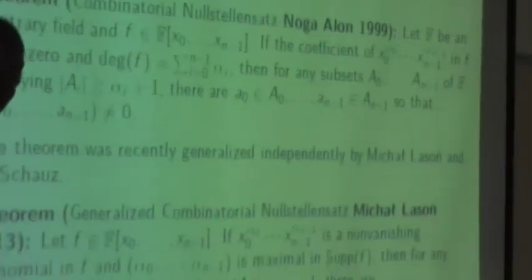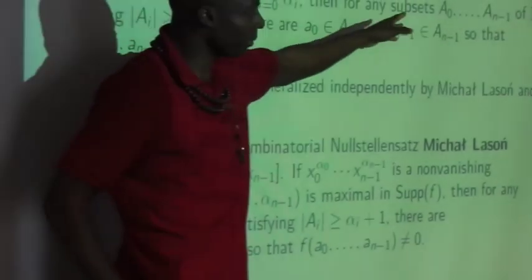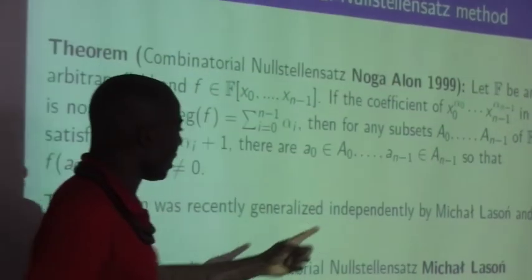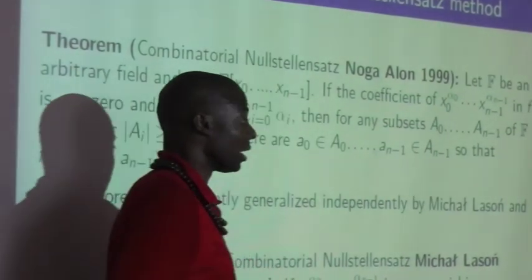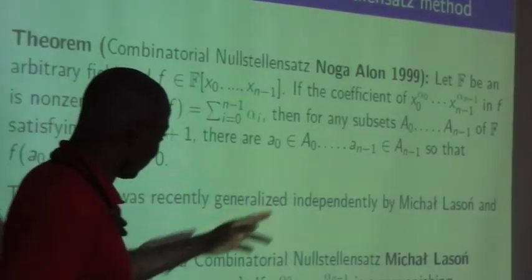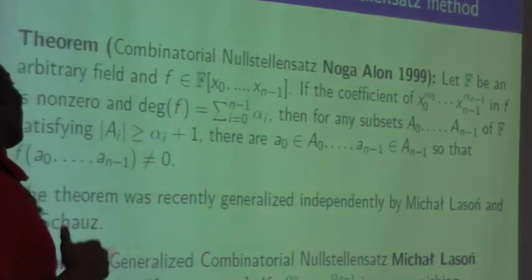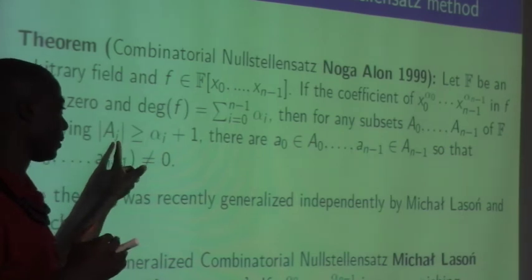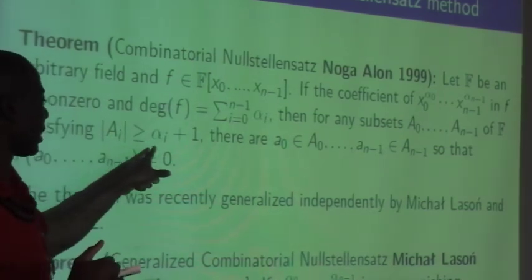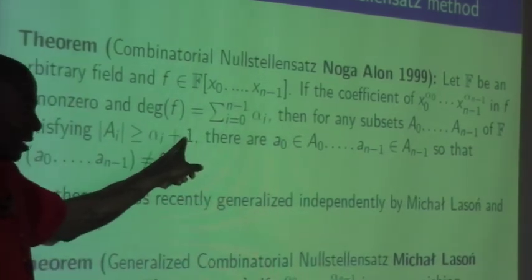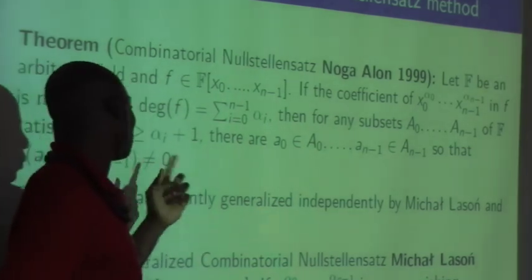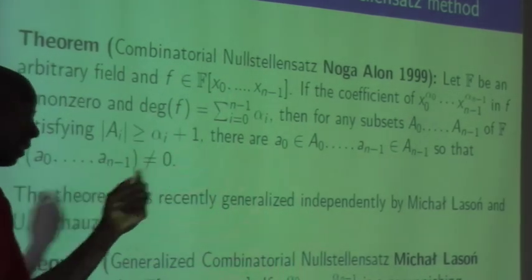His theorem says that if you give me a polynomial and you assure me that the coefficient of the leading term is not 0, then for any subset in the field which has enough elements, he can find you a point where the polynomial evaluated there is not going to be zero.